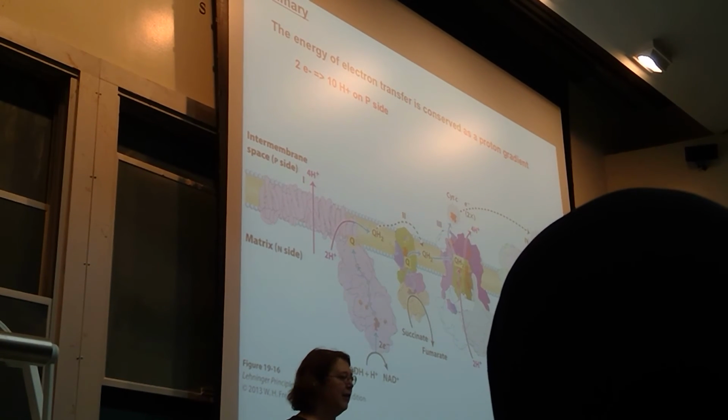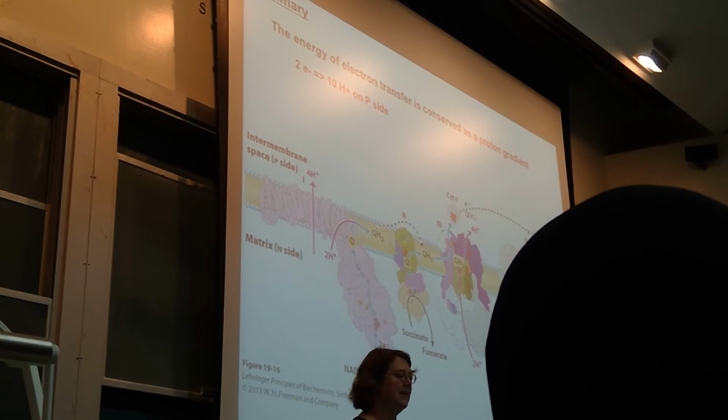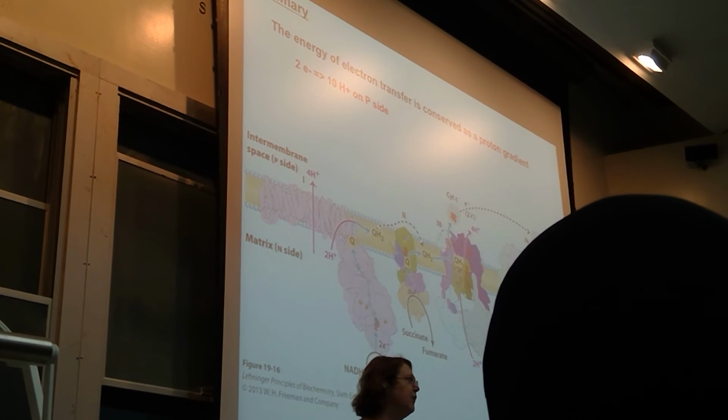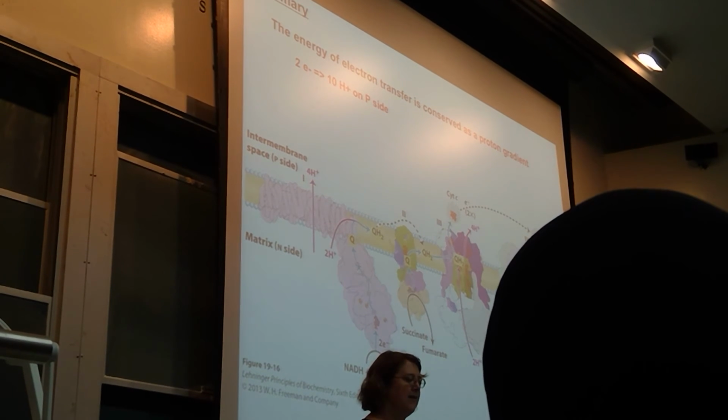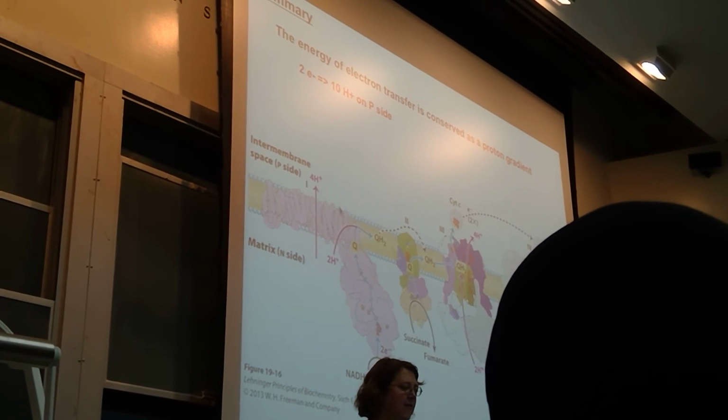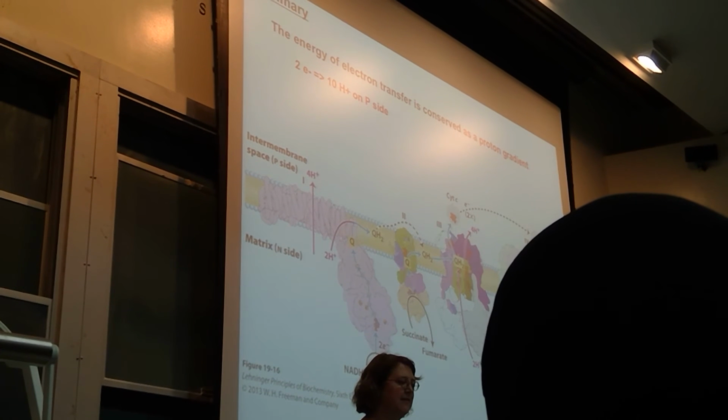All right. So if we put it all together, we're basically looking at transfer of energy to a proton gradient, and then the proton gradient is what's going to be driving ATP formation. So if we look at this, here we have complex 1, complex 2, complex 3, and complex 4. Complex 1 is about NADH going to NAD. You donate the electrons, it goes to Q to form QH2.